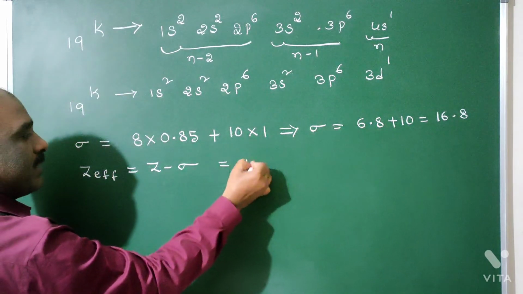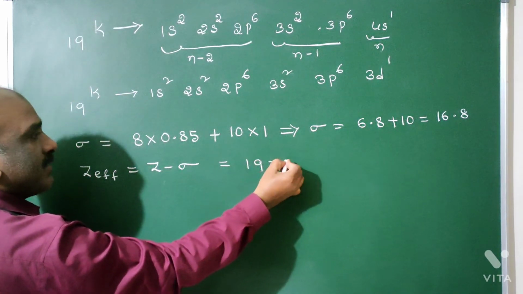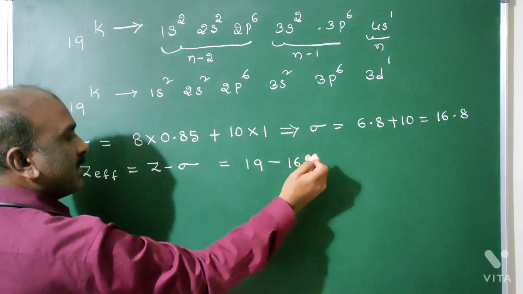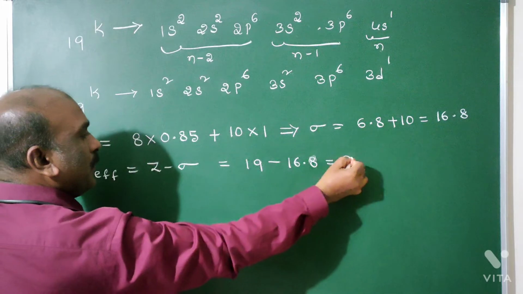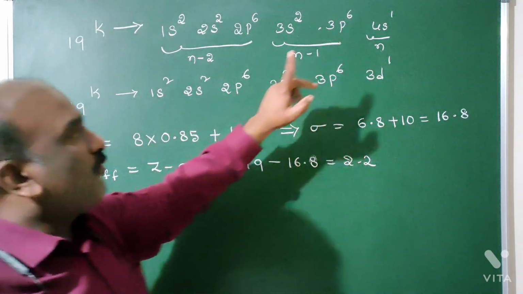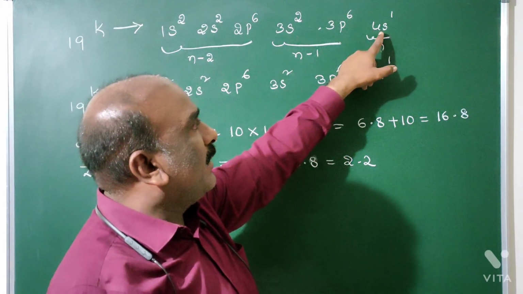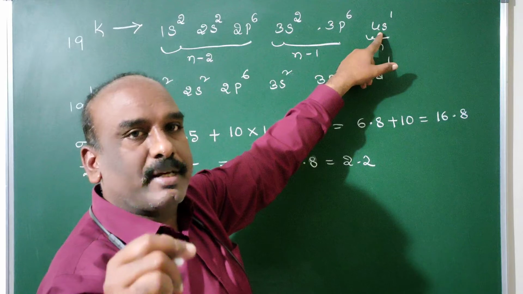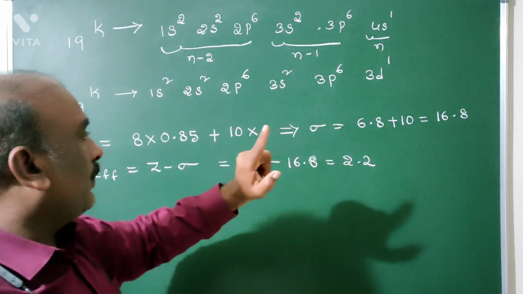Potassium atomic number is 19. Minus sigma, 16.8, so it is 2.2. The effective nuclear charge for the 4s electron, when the differentiating electron is entered in the 4s subshell, is 2.2.